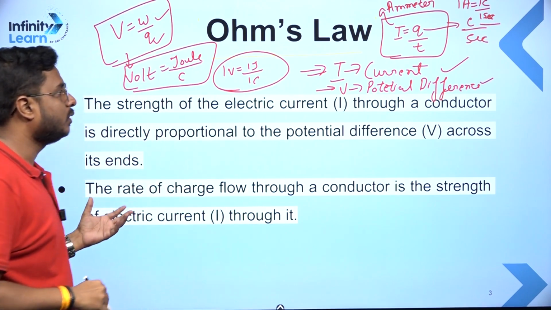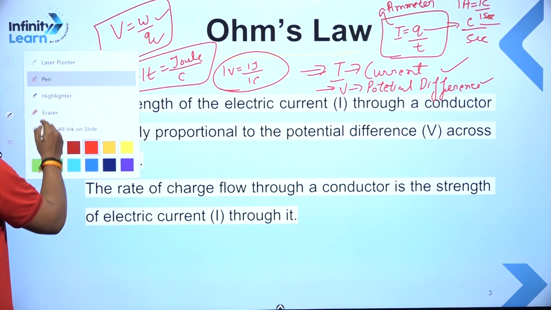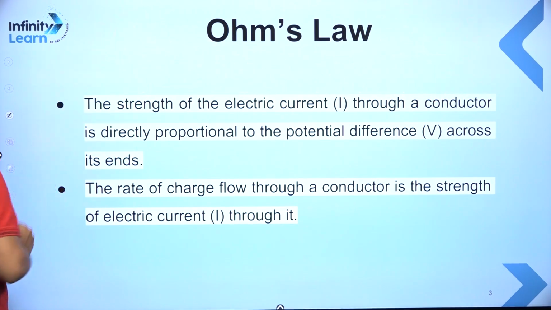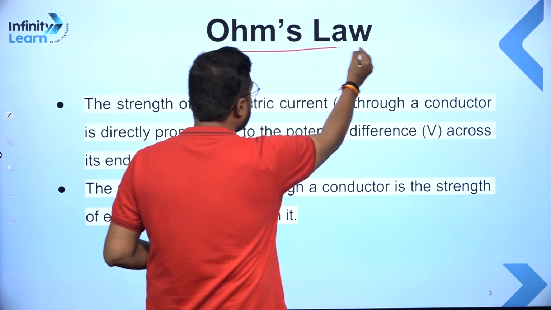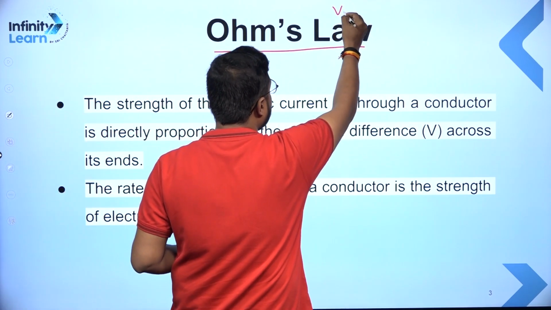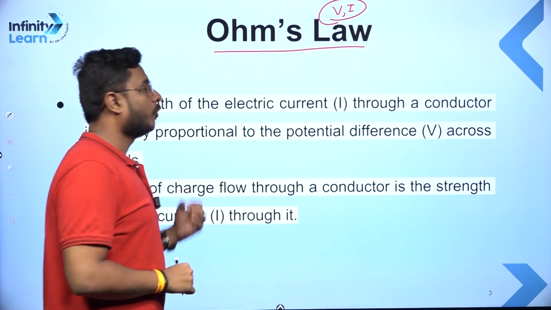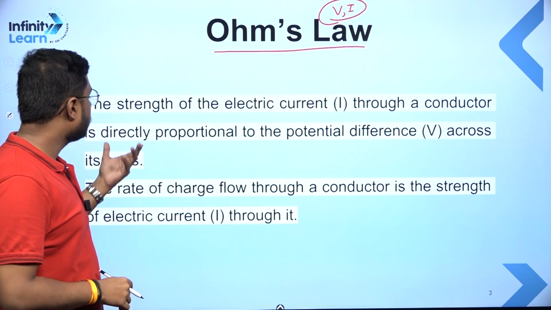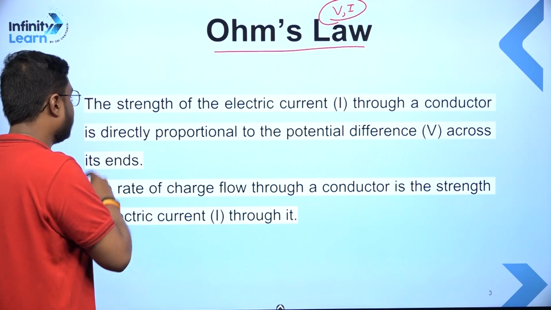Okay, so I hope these two terms are clear to you. Now, moving ahead to Ohm's law. This is the Ohm's law which gives us the relation between potential difference and current. Now we know these terms very well. What Ohm's law states is also very important. Let's read the statement.